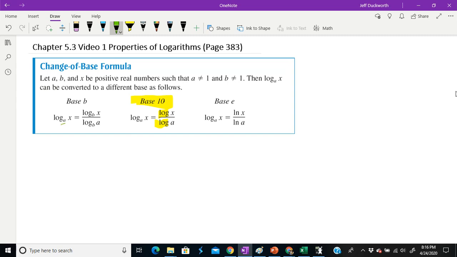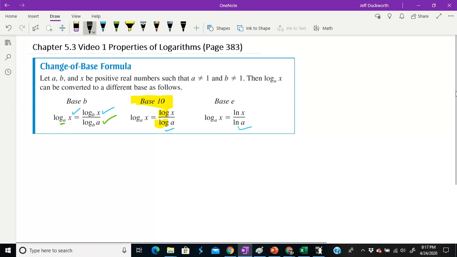Our original base was a. That a goes in the denominator. And then we have the original value of that log, x, and that goes in the numerator. Our new base is whatever it is. B here, base 10 here, base e here. So base 10 and base e work the same way.